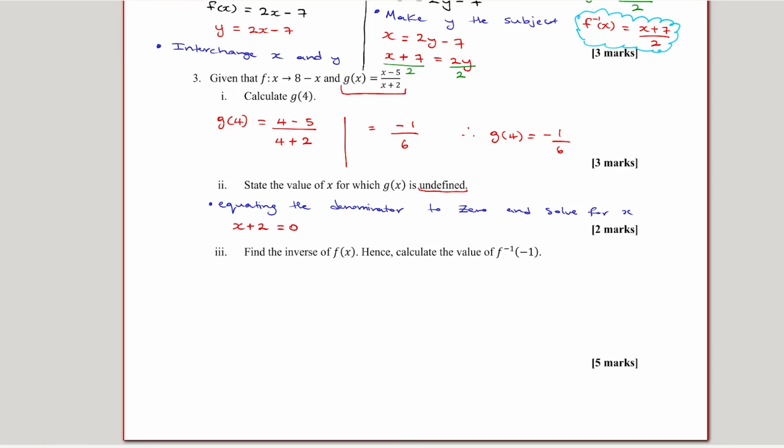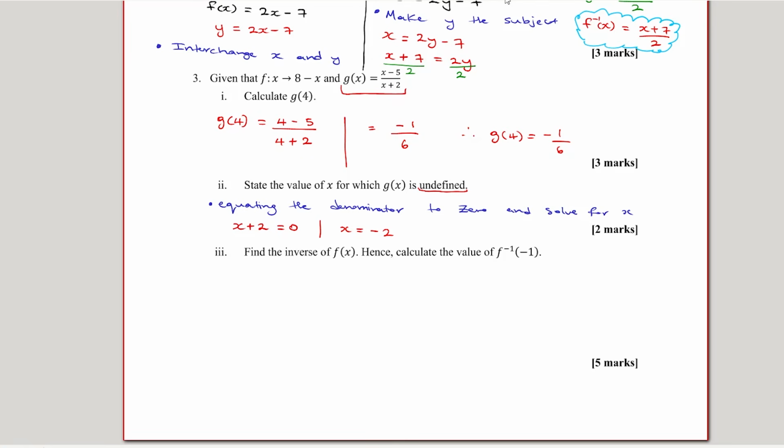If we use that particular x value, we're going to get 0 in the denominator. So we say x plus 2 is equal to 0, and then we solve for x. X is equal to negative 2. So that's your answer. Because if we were to put negative 2 here, we're going to get a 0 in the denominator, and we don't want that. We can't divide by 0.